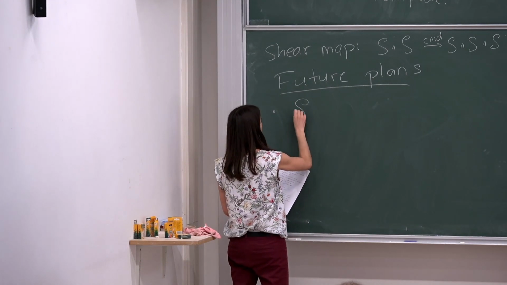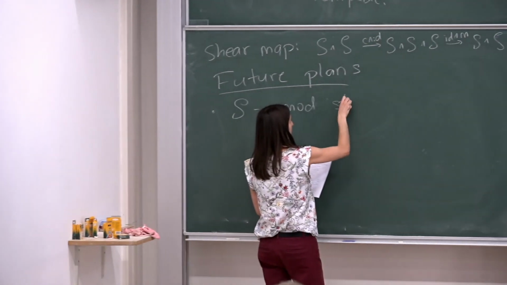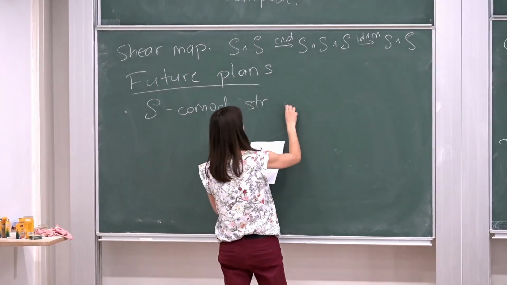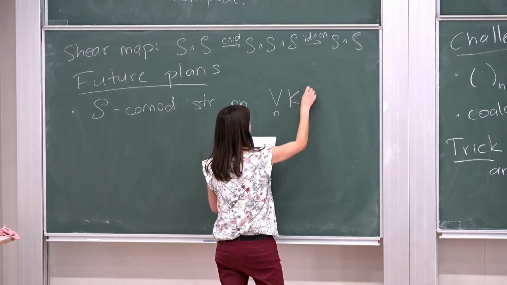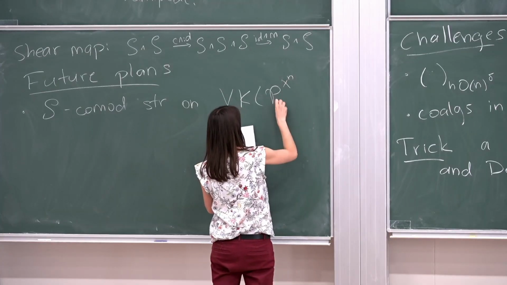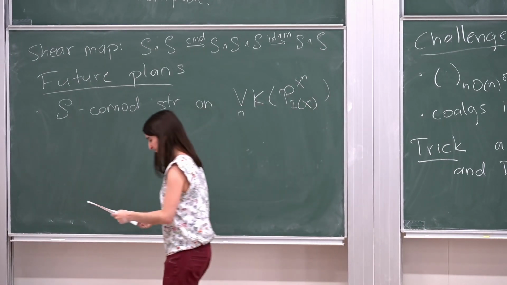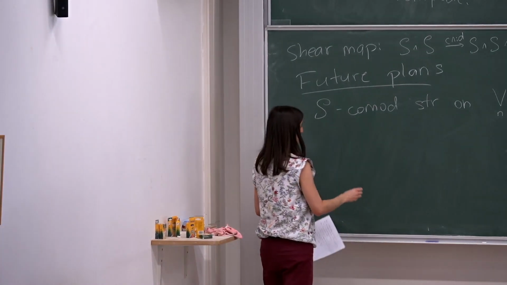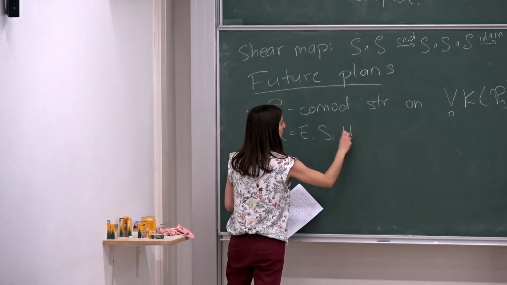So we want a spectral SAW co-module structure on the various scissors congruence K theories, where X is Euclidean, spherical, or hyperbolic.